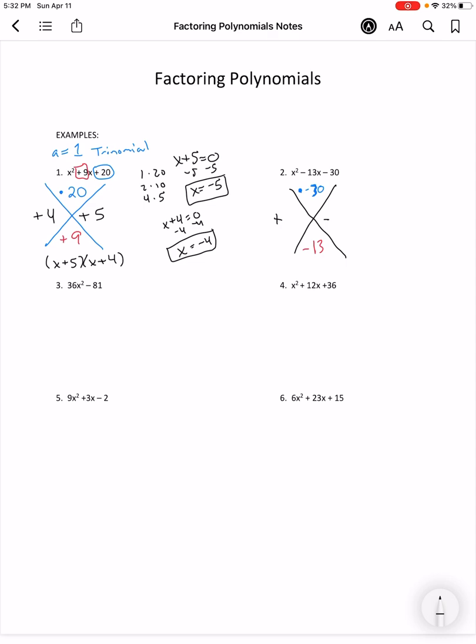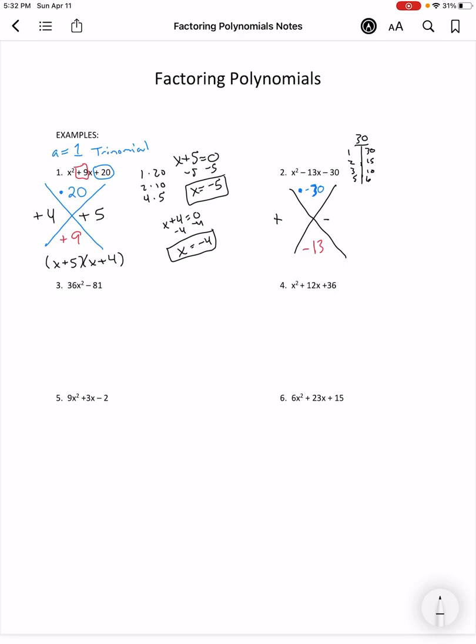So if I go to the factors of 30, I would say 1 and 30, 2 and 15, 3 and 10, and 5 and 6. Of those, the only 2 that subtract and make 13 are 15 and 2.